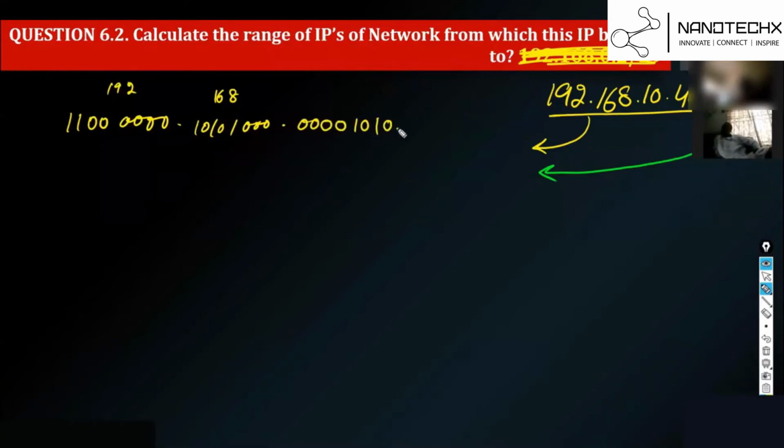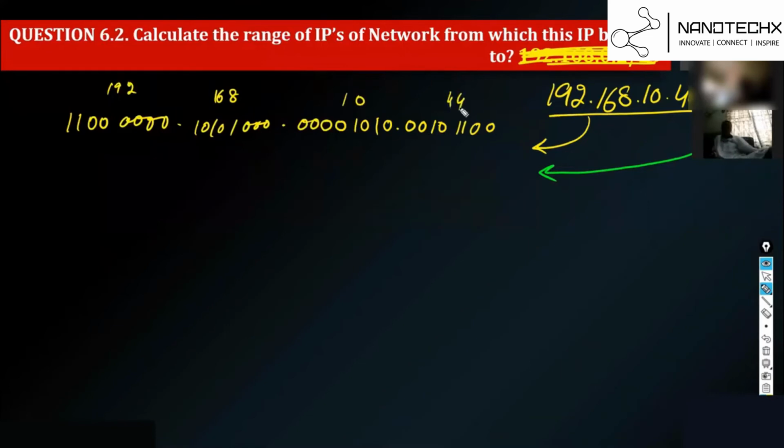And then 44 in binary is 00101100. You guys can use your calculator as well. Please check if it is converted correctly. So this one is 10, and this one is 44.